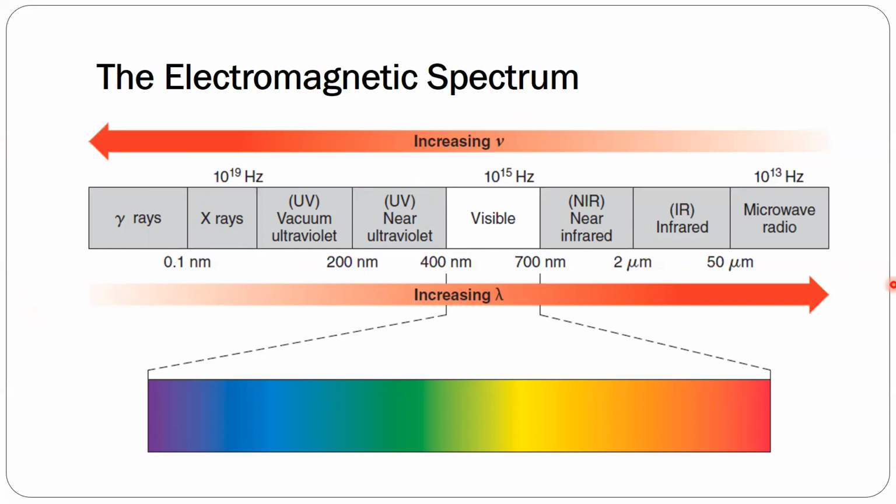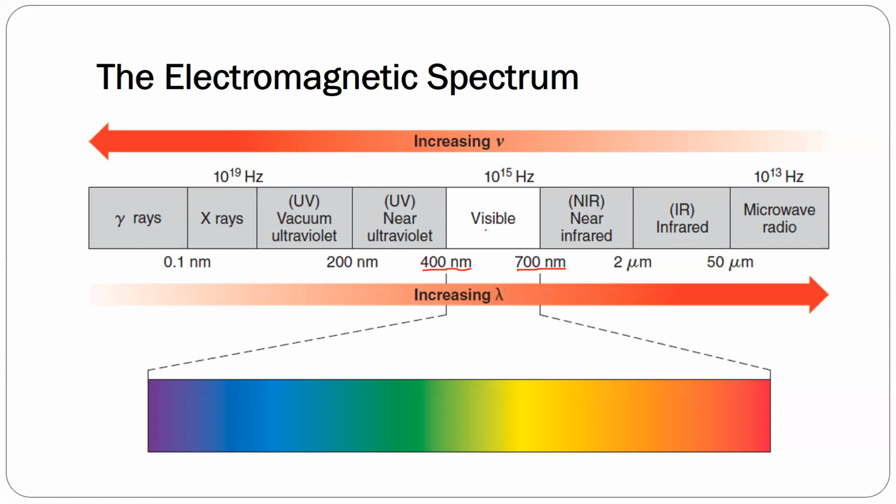Therefore, from left to right, nag-i-increase si lambda. And if we consider some specific sections of this electromagnetic spectrum, okay, let's say, kunin natin yung part from 400 to 700, okay, nanometers. Remember that wavelength is measured as a unit of length. So usually we'll have units like nanometer, picometer, angstrom. Okay?